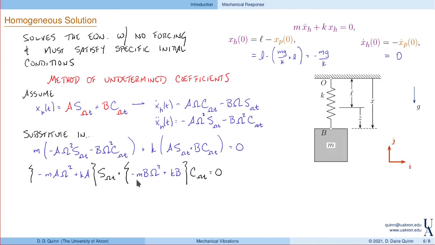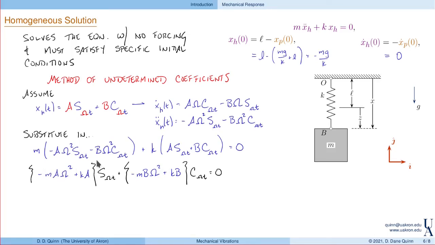So in order for the left-hand side to be equal to 0 for all time, both of these terms in brackets have to vanish. If this was non-zero, then for some time there'd be a non-zero left-hand side. And there's no way to make these two things cancel out for all times unless, again, these coefficients are equal to 0.